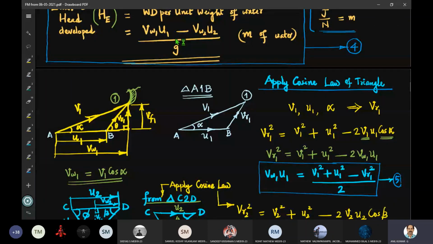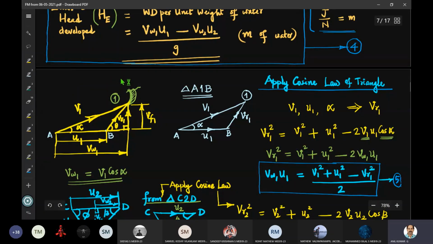But very often we require this head developed in terms of the velocity components V1, V2. Those are the absolute velocity components of the fluid stream or fluid jet at inlet and outlet. Then VR1, VR2, those are the relative velocity components at inlet and outlet, and U1 and U2, the velocity of the vane at inlet and outlet.